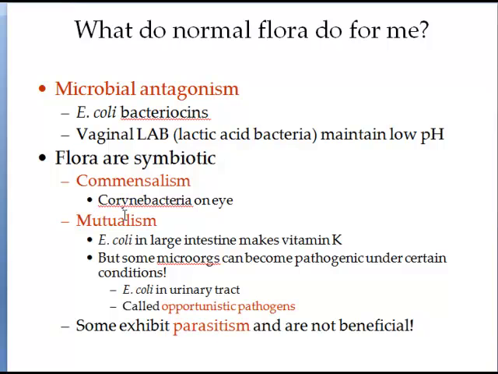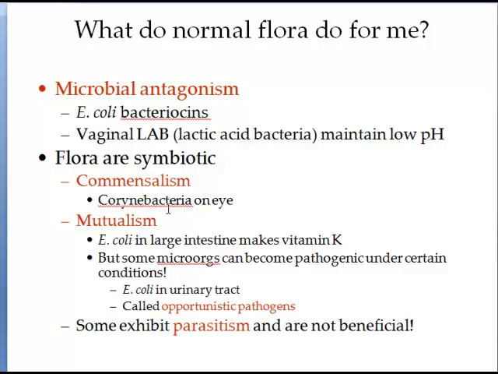The example of this is Corynebacteria on the eye, and certain saprophytic mycobacteria that inhabit the ear and the external genitals. These bacteria actually live on secretions and slough off cells, and they bring no apparent benefit or harm to the host. So that's a commensalism.